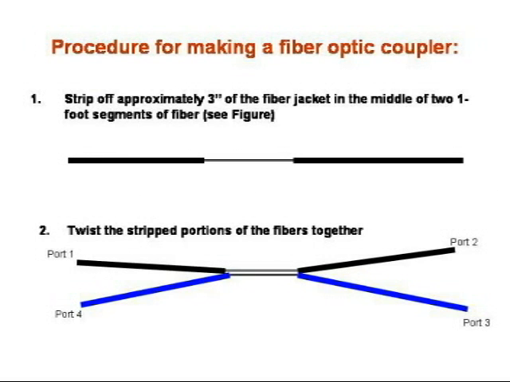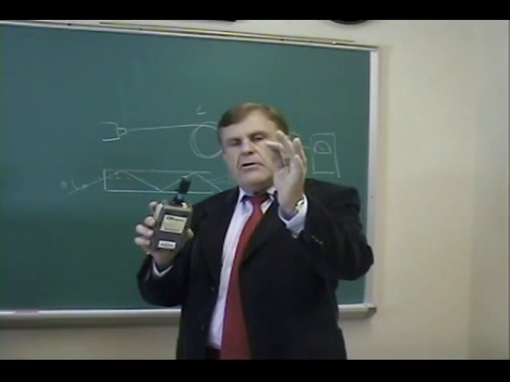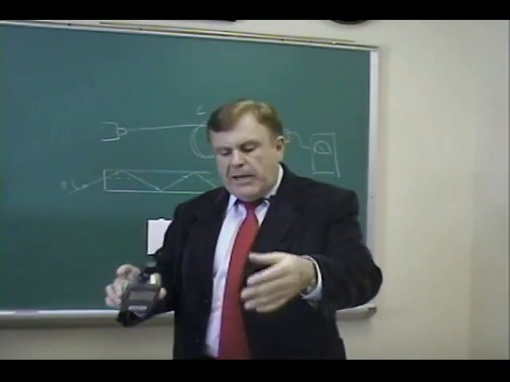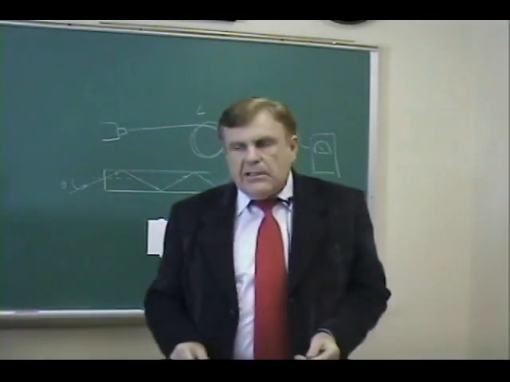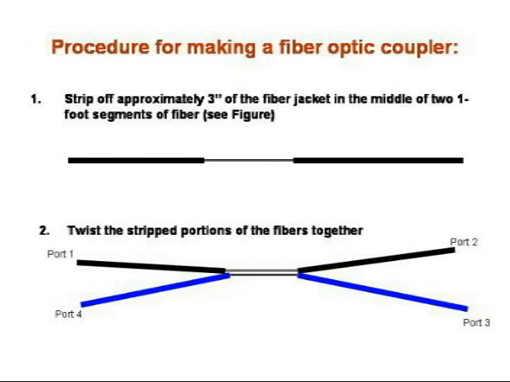In the next experiment, we will make an optical coupler. For that purpose, we will use plastic fiber. Our plastic fiber doesn't have a jacket. This glass fiber has a jacket coating here, which has to be stripped to make a coupler. But our plastic fiber doesn't have a jacket, so you can simply twist it, for instance, and then heat it with a heat gun, and it will be melted together at some point.